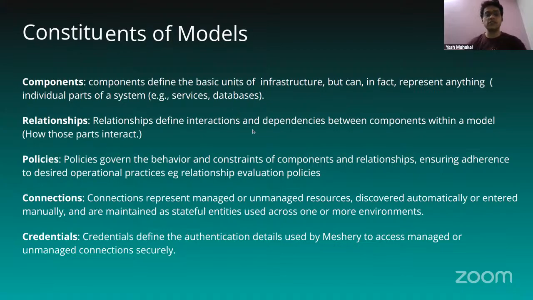So these are some of the standard and casual definitions of the constituents of models. For example, components define the basic units of infrastructure, but can in fact represent anything, for example, individual parts of any system, such as services and databases.